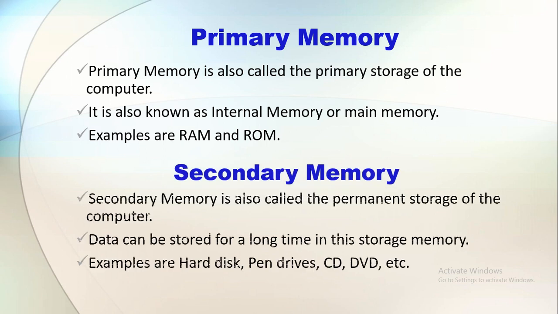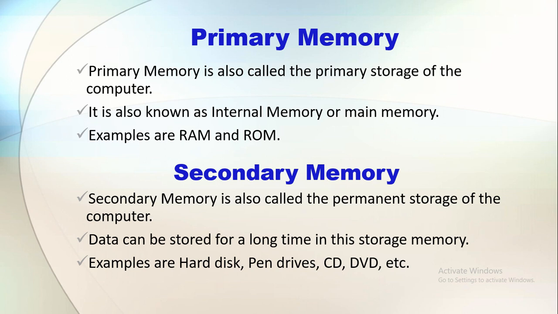And the secondary memory is also called the permanent storage of the computer. Whatever data is stored in the secondary memory is stored for a long time, it can be stored even for years.